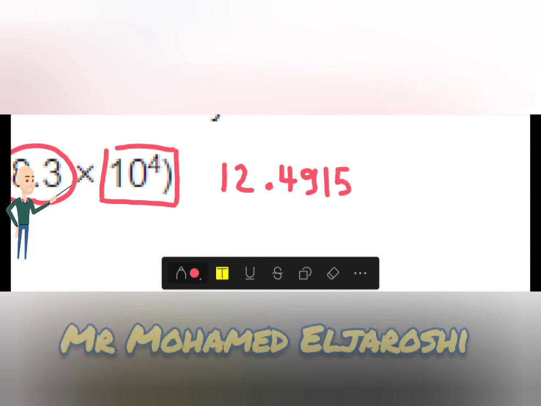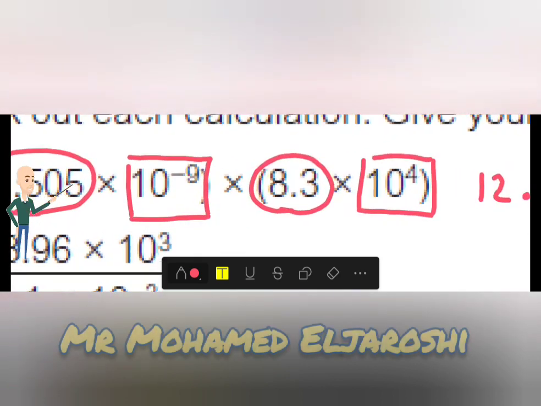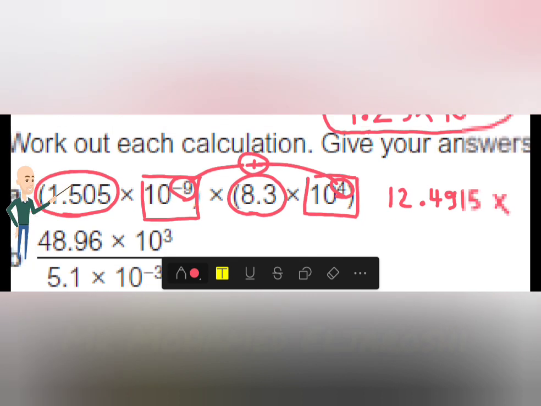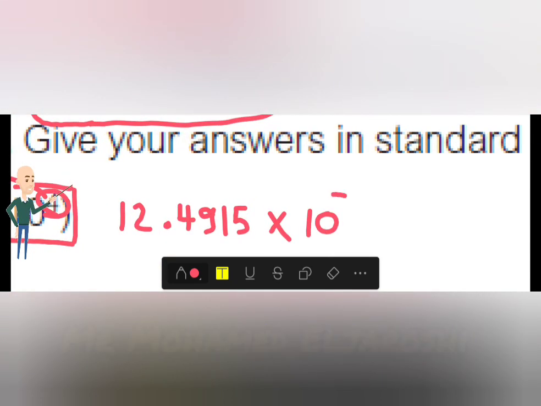Okay, and then we're going to do the same with the powers, tens with the powers. We have 10 power of -9 and 10 power of 4. So when we multiply, we add the powers. Very good. So I'm going to add this to this, and when you do it in the calculator, it's going to be negative 5. So negative 9 plus 4 is negative 5. So 10 power of negative 5.